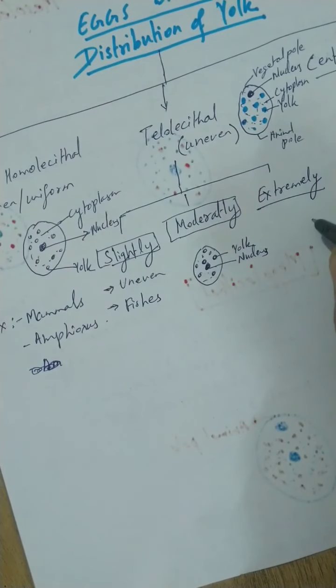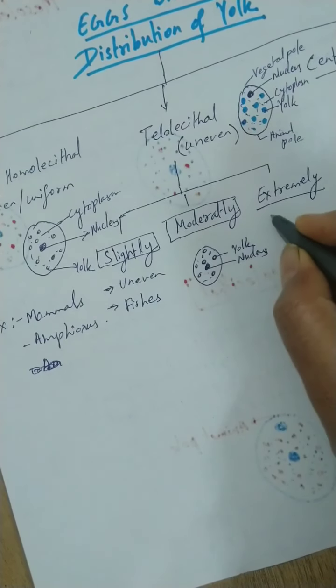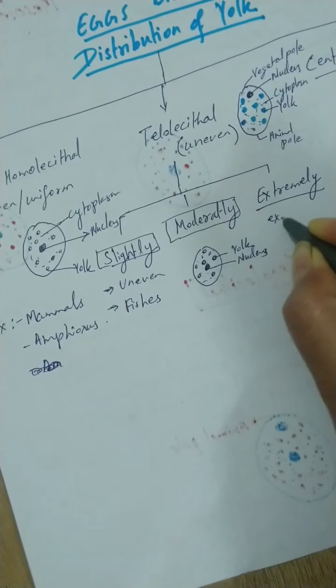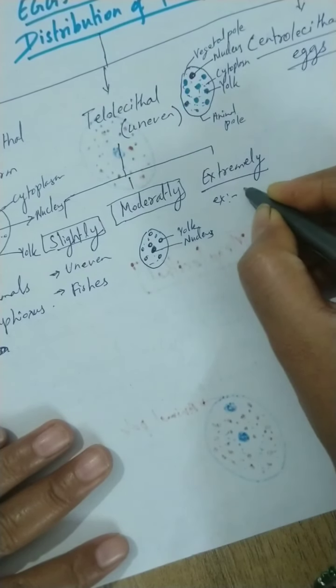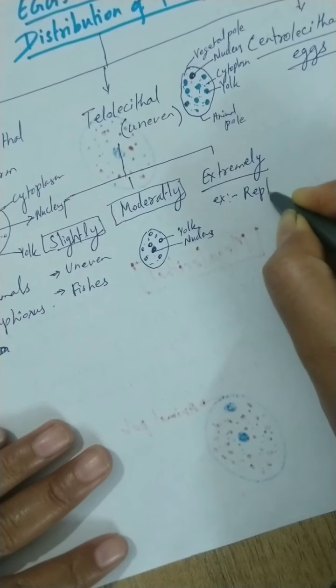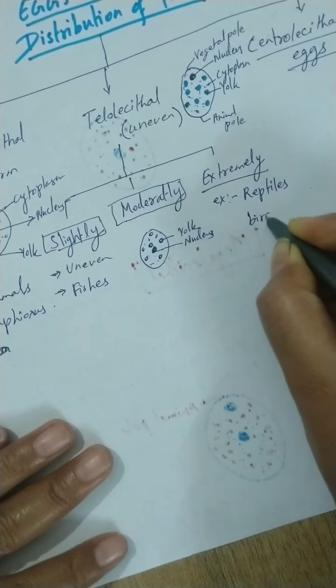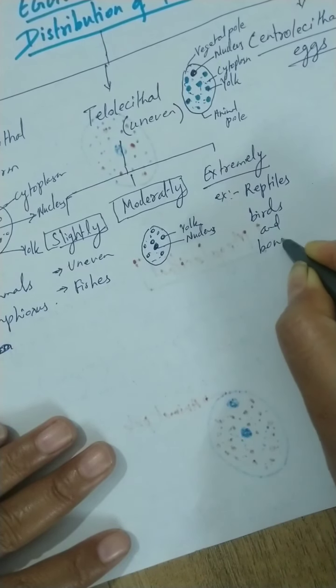This type of egg is present in amphibians. Examples of the extremely type are reptiles, birds, and bony fishes.